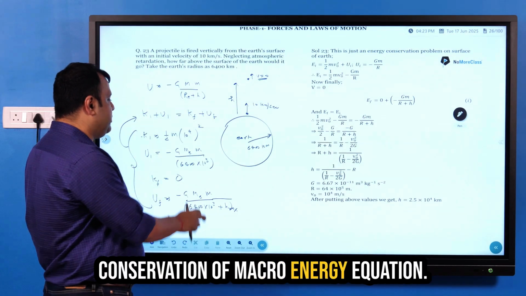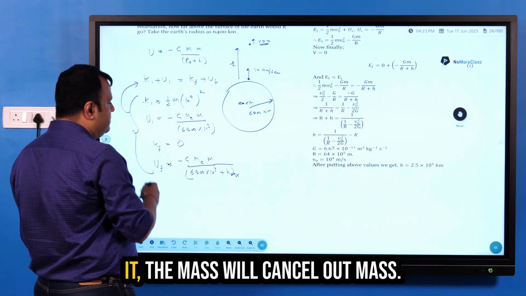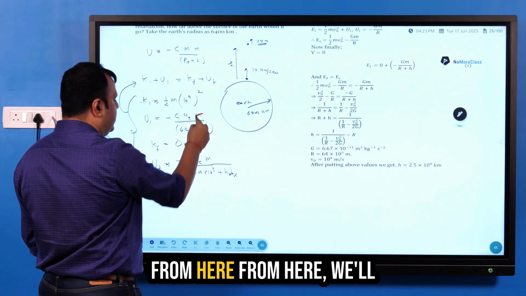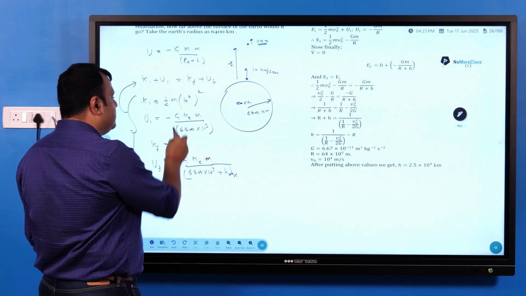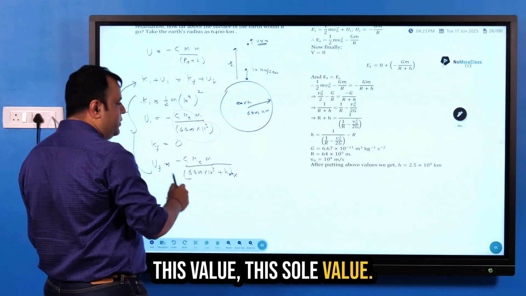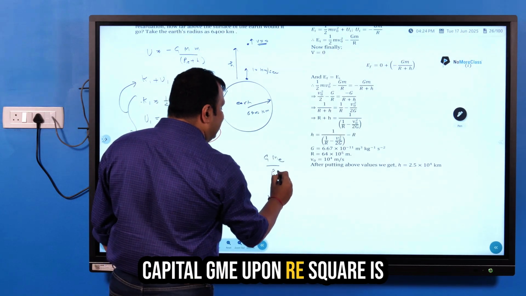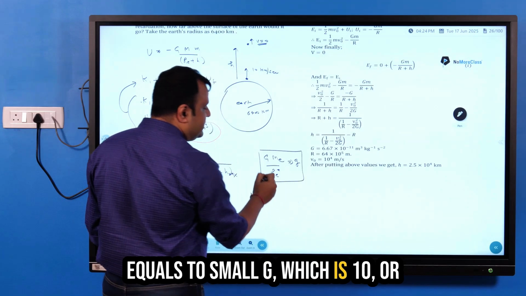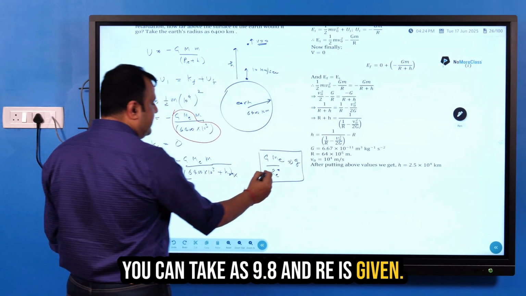When we put these in the conservation of mechanical energy equation and solve it, the mass will cancel out. Mass from here will cancel out these masses. This whole value, capital G ME upon RE square, is equal to small g, which is 10, or you can take as 9.8, and RE is given.